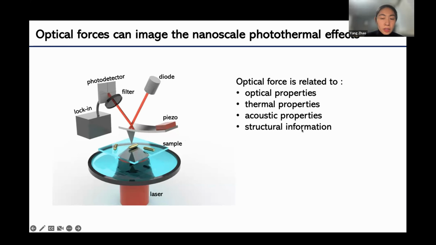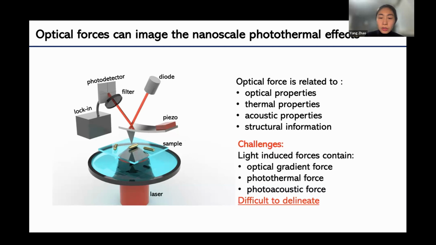On top of that, you can collect structural information like a traditional atomic force microscope, or AFM. The challenge here is that we're still limited by the scanning probe. In the following, I'm going to show you how we can speed up the process without speeding up the mechanical scanning. Another challenge is that these light-induced forces contain a lot more information.